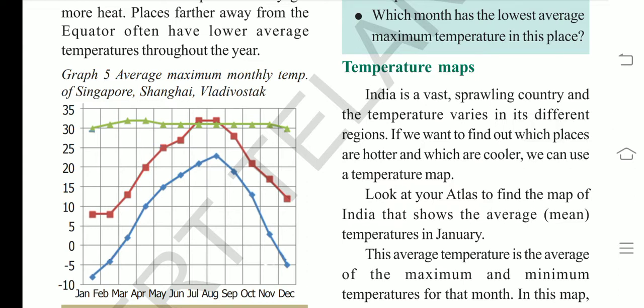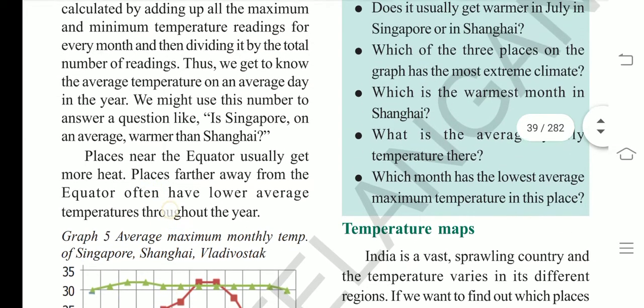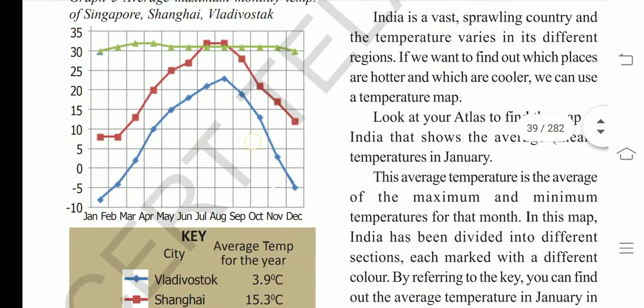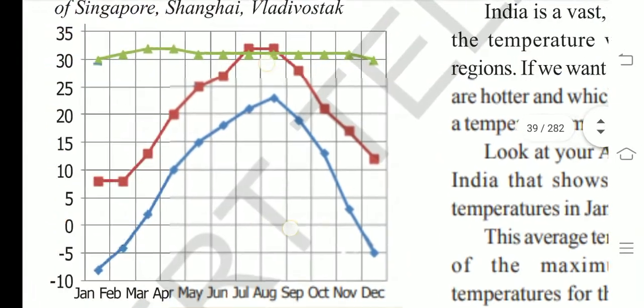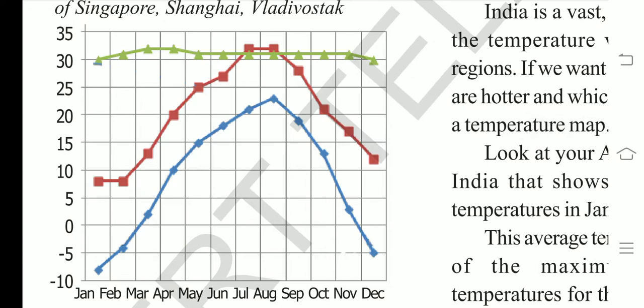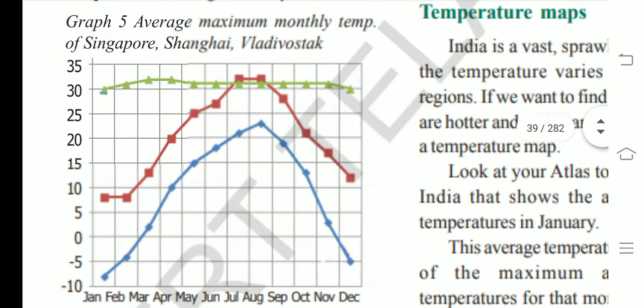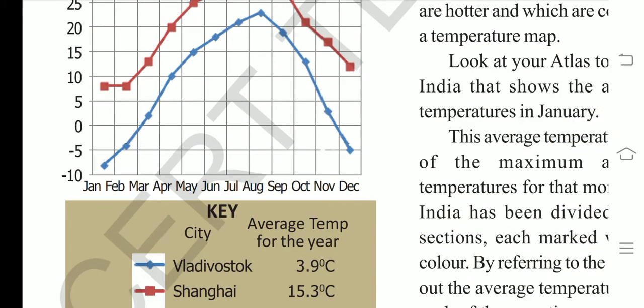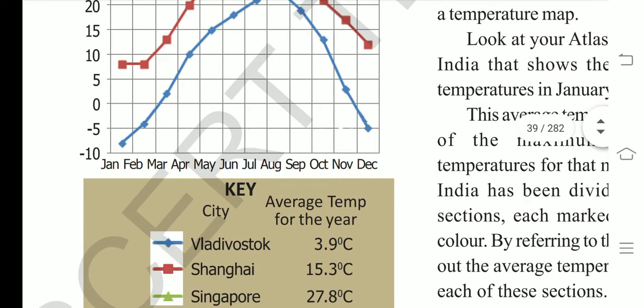So how is it calculated? Graph 5 shows the temperatures of the three places. In the last column of the key, below the graph, the average temperature for the whole year is shown. The temperature recorded in every month is different for these three places.